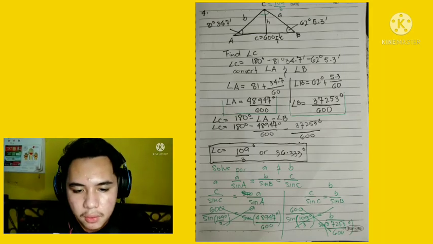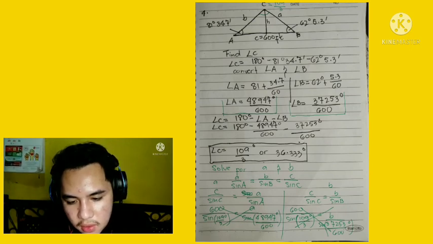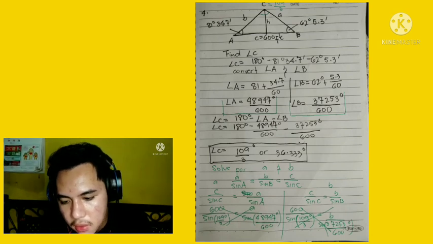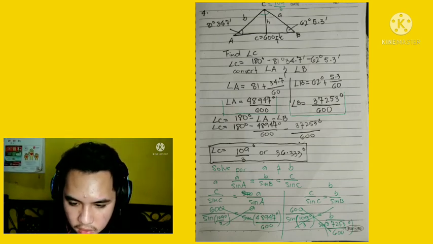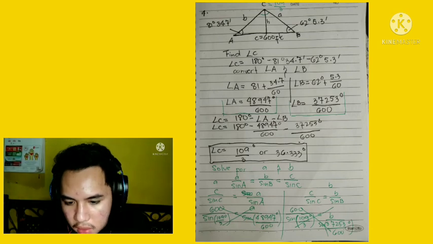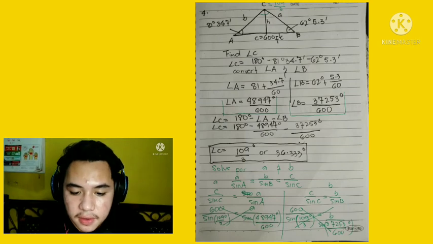So we have here our illustration. We have our angle, which is 81 degrees and 34.7 minutes, and our 62 degrees 5.3 minutes, and our C. And the base is 600 feet, and we have the B and the A. So to solve this, we need to find our angle C first.